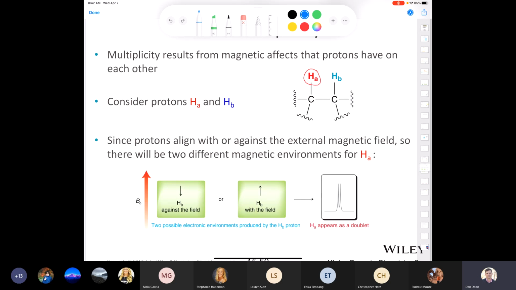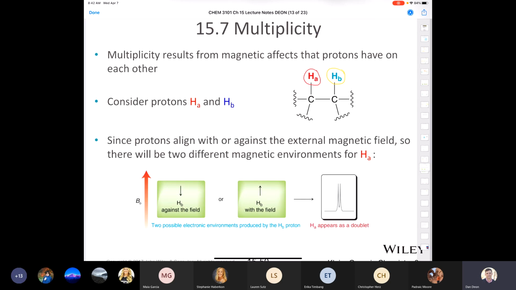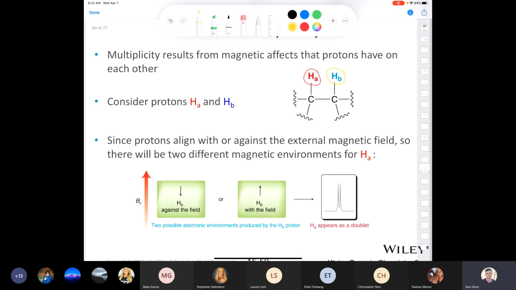Well, remember that HB has spin, doesn't it? It has nuclear spin. Therefore, it's going to have an alpha spin state and a beta spin state. Therefore, it's going to have a magnetic moment. If it's got a magnetic moment, that means it's got a magnetic field. If it's got a magnetic field, that means the magnetic field of the HB proton is going to have an effect on HA, isn't it?